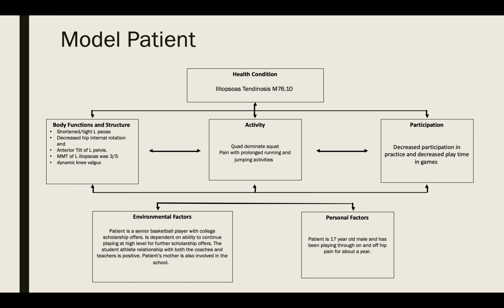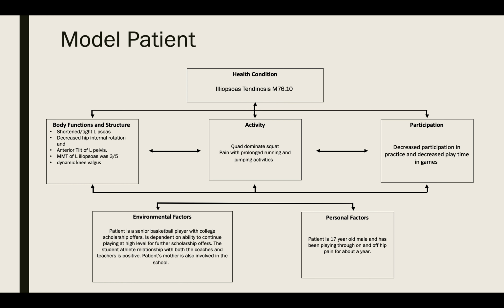And so those offers are really dependent on the patient's ability to play at a high level. The student athlete has a positive relationship with coaches and with the teachers as well. The patient's mother is also involved in the school, so there's not really a ton of environmental factors that may make treatment of this patient more difficult.